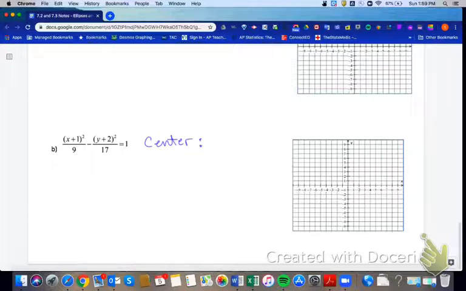Center, still (h, k). H is -1, k is -2. Look to see which variable comes first. Since x comes first, that means my transverse axis is x, and it's going to open left and right.